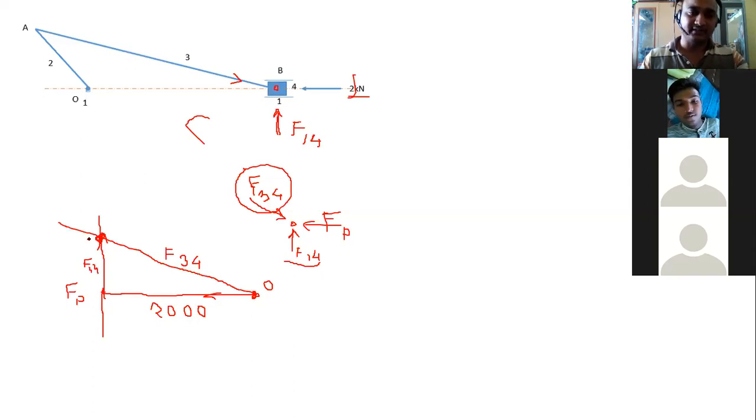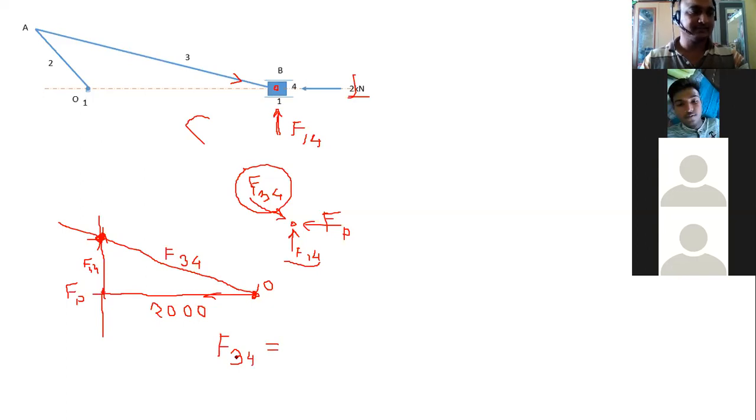We have to measure this distance, but for this case we are interested in F34. You can measure this also, but now we are interested in F34. Measure this distance, multiply by the scale, and you will get some value, and that value is the magnitude of the force F34. So we'll get this F34 when you draw this with a proper scale.